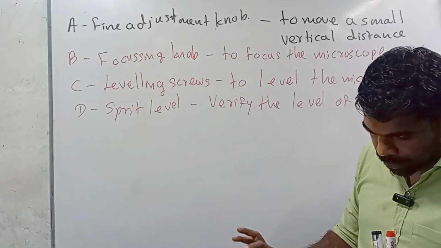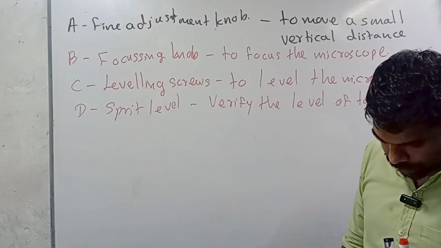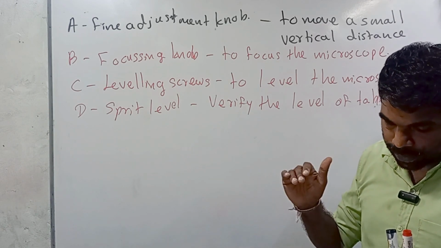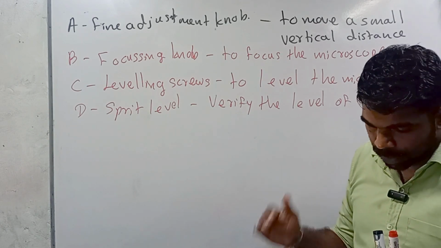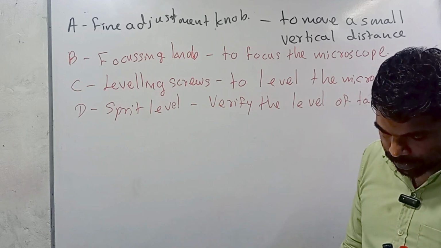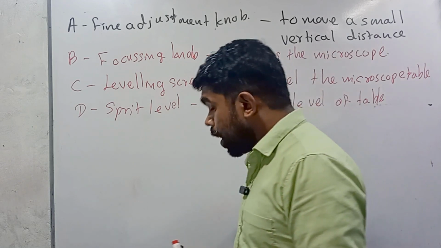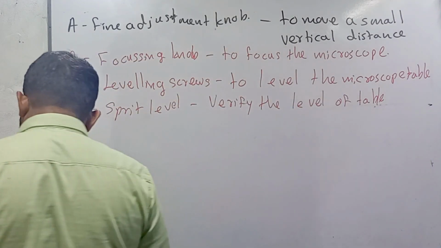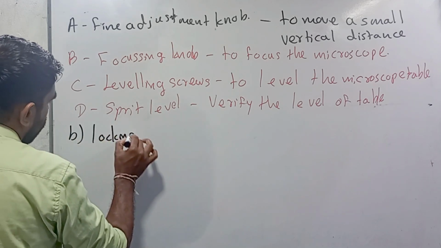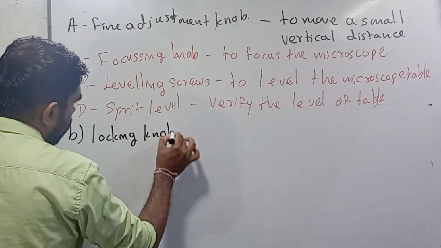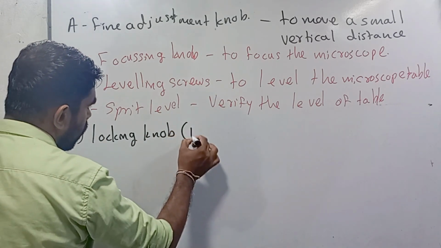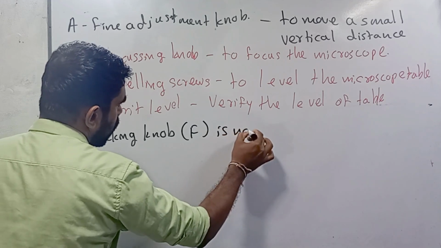It means the fine adjustment knob. When rotating the fine adjustment knob, the vernier scale did not move. Give the reason for this. The locking knob, which you can identify in the given diagram as F, is not locked.